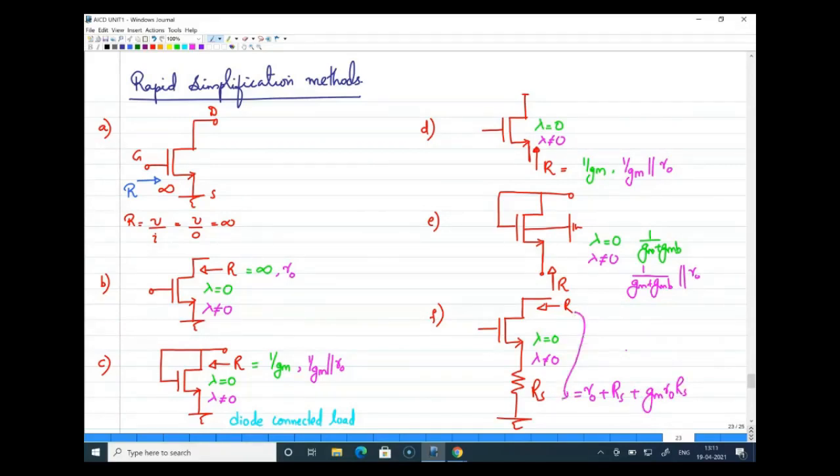Now my question is, this is something known for you. If I consider the body terminal here as ground, then it will be R naught plus RS plus GM R naught RS.